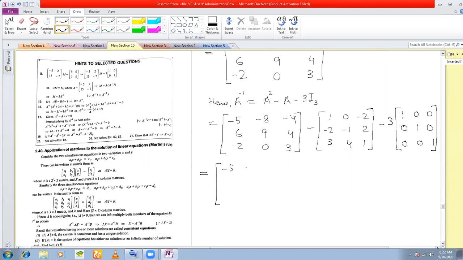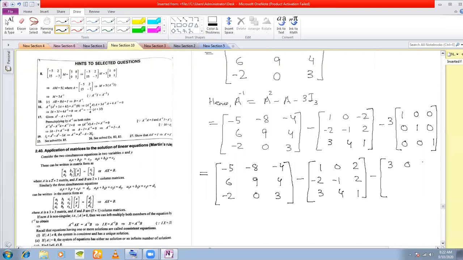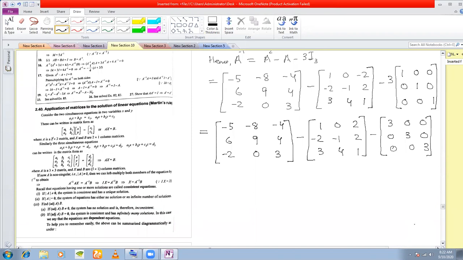Sir, first row, third column, it will be minus 2. Yes, 1, 0, minus 2.